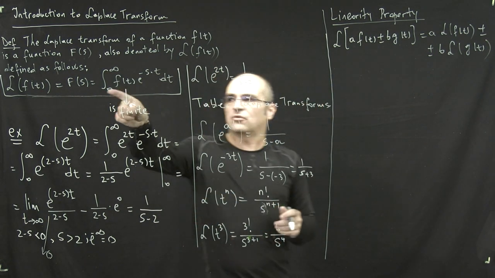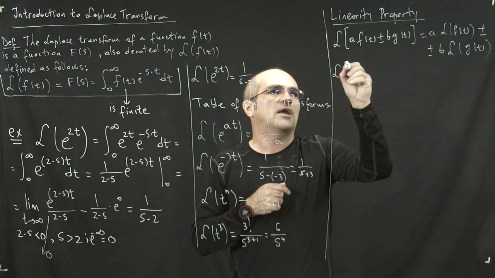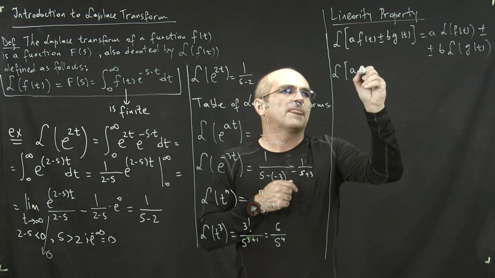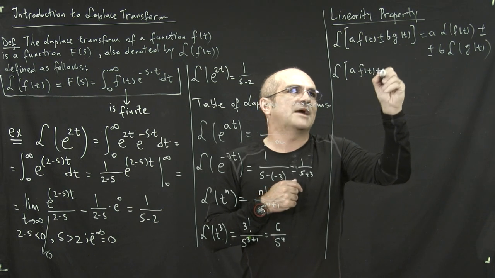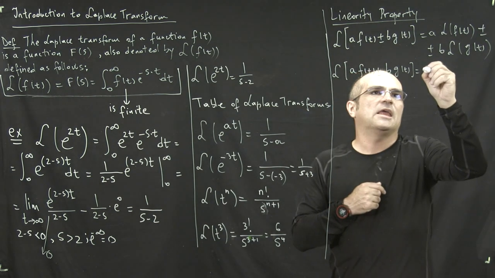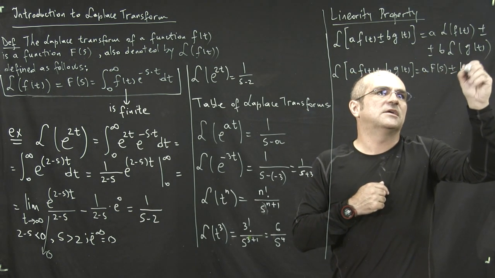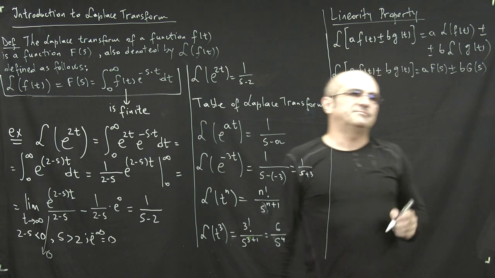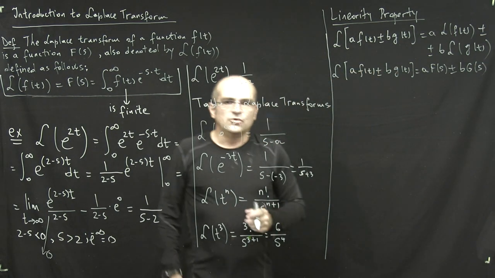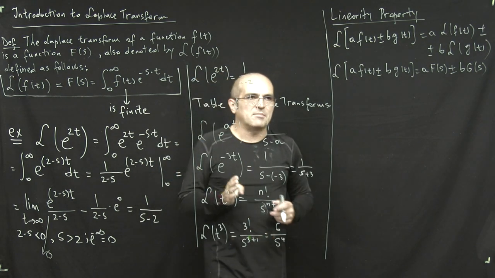If I use the other notation with big F of s, the same property reads: L of a f of t plus or minus b g of t equals a F of s plus or minus b G of s. So you can distribute the Laplace transform over a sum, a difference, or a linear combination of functions.